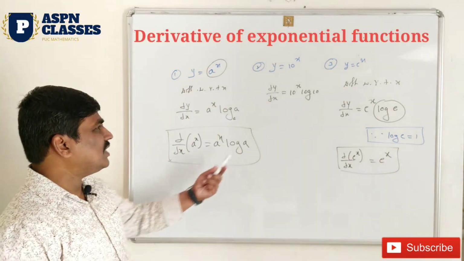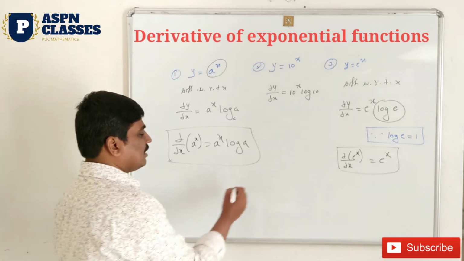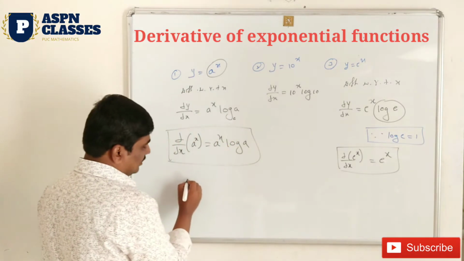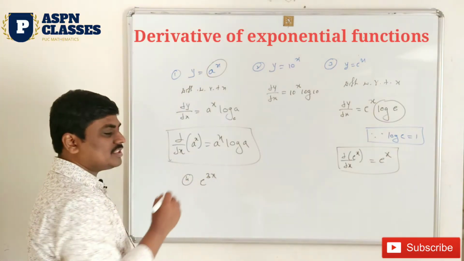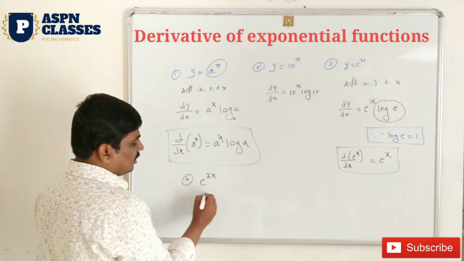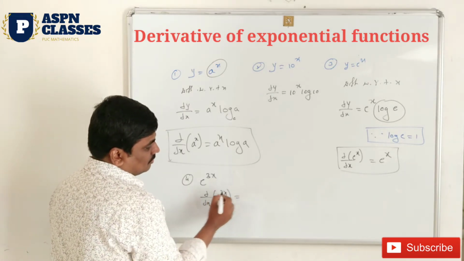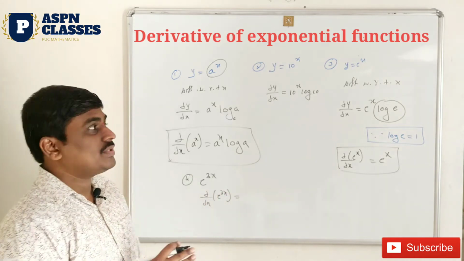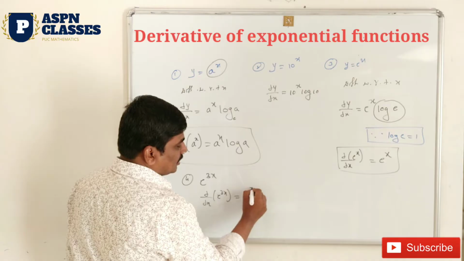Not only these, there are so many results for exponential functions. For example, suppose I take e raised to 3x, then how do you take this differentiation? d by dx of e raised to 3x is equal to, first, the answer for e raised to x is e raised to x only, so first you write e raised to 3x as it is.